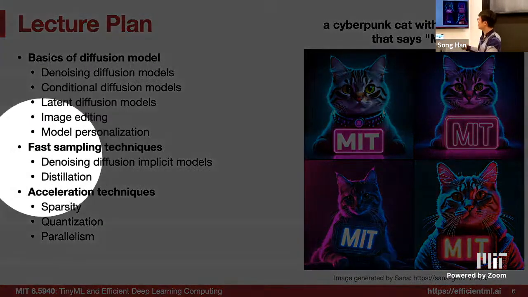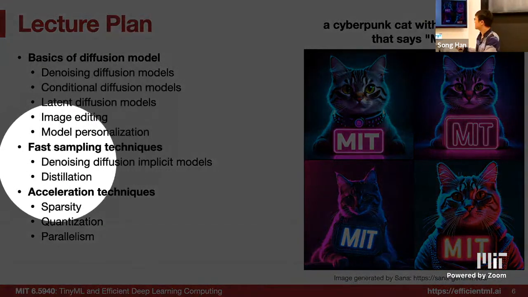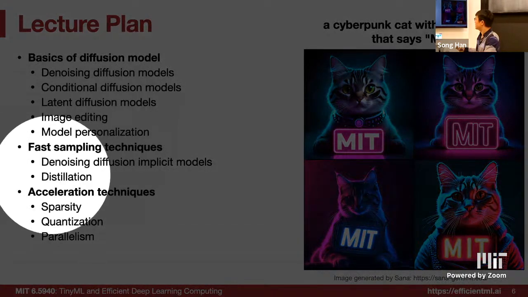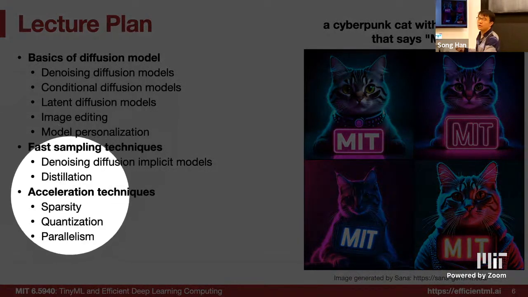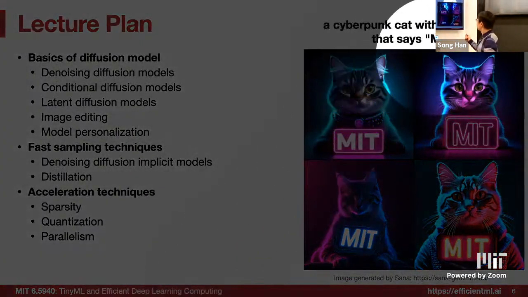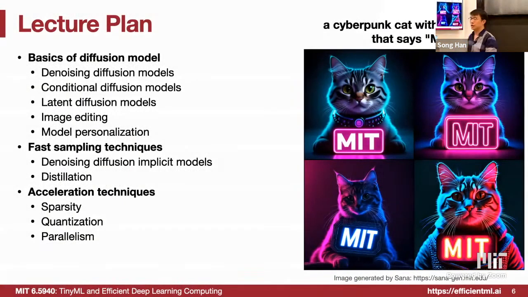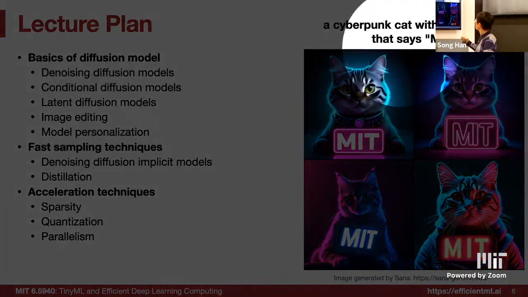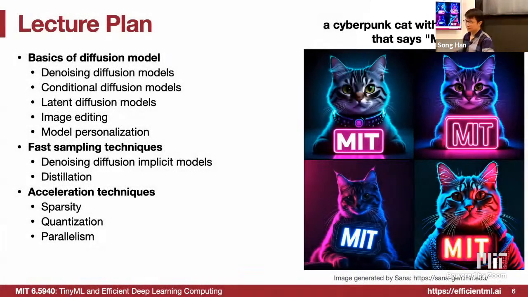Next, we are going to introduce fast sampling steps, the VDM method, distillation method, and also acceleration techniques using sparsity, quantization, and also multi-GPU parallelism. And the figure on the right-hand side is the model Sana developed by ourselves, showing a cyberpunk cat with a neon sign that says MIT.